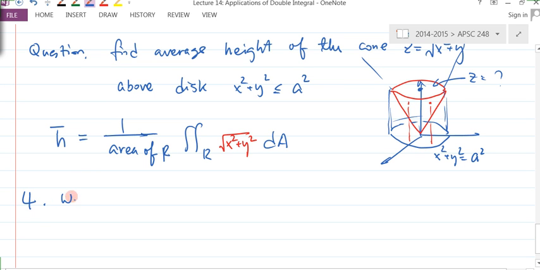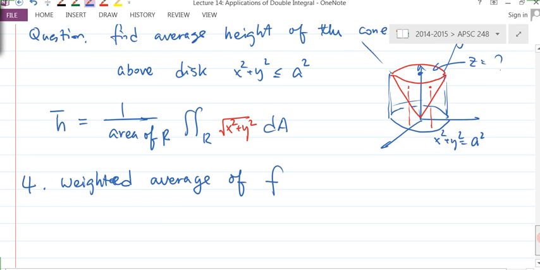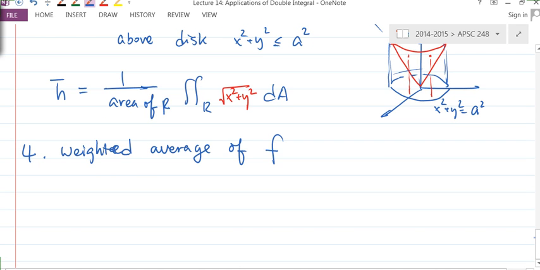Number 4 is the so-called weighted average of this function f. The idea of weighted average is pretty simple in terms of discrete data. Let's say given discrete data x1, x2, up to xn.